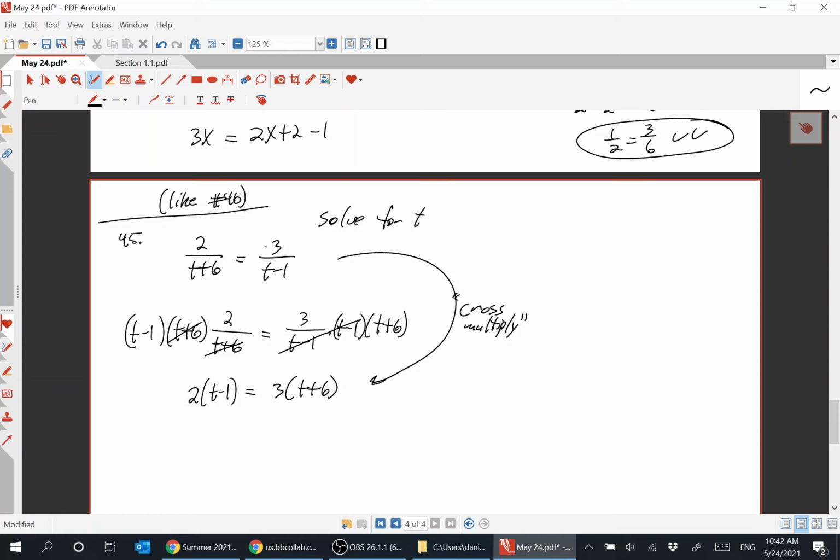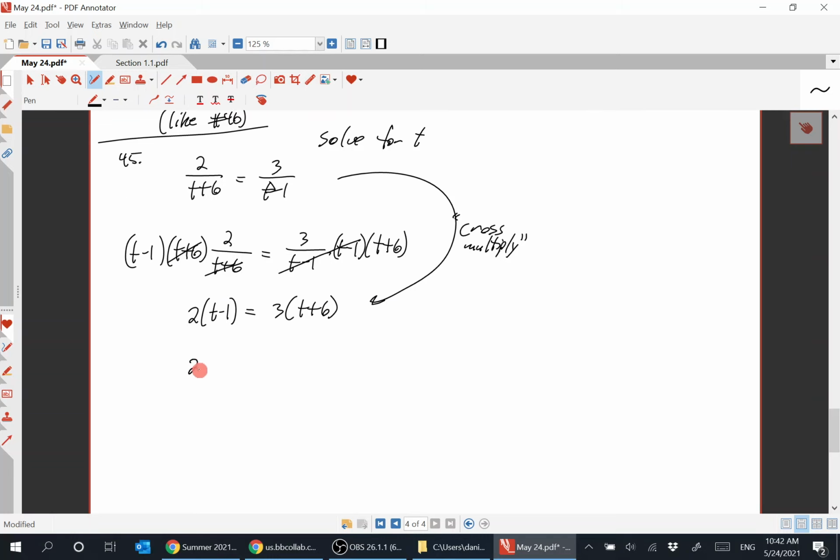But that's a specific instance of multiplying both sides by a common denominator for all fractions in the equation. I'm actually not asking you to do that in any of the problems. We'll have some of that later, maybe. We'll see. But just so you've seen it, we're doing it here.